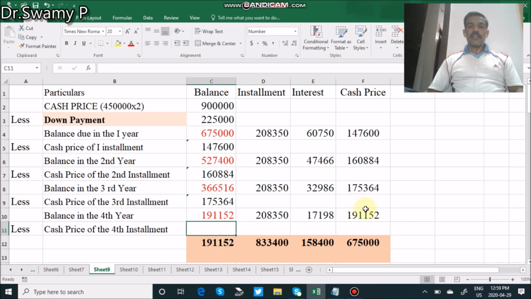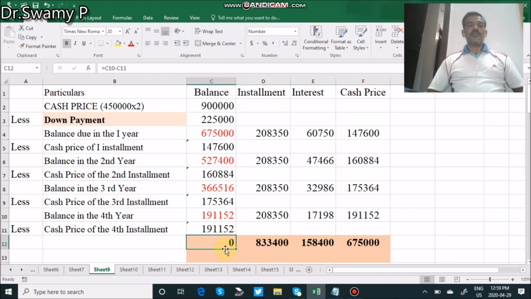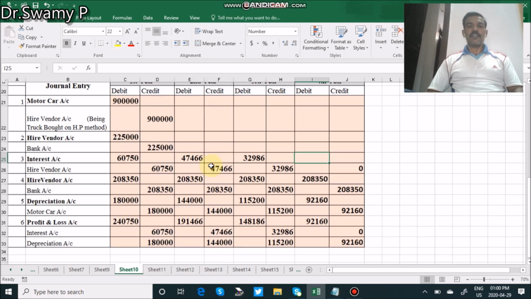When we deduct the same cash price here, at the end of the fourth year there will be no cash price balance, and these items are recorded in the journal entry. Now the interest amounts of all four installments are recorded in the journal entries in the next sheet. There it is recorded automatically.